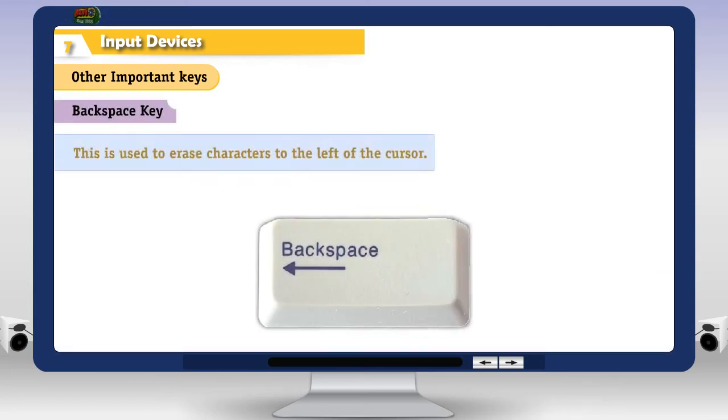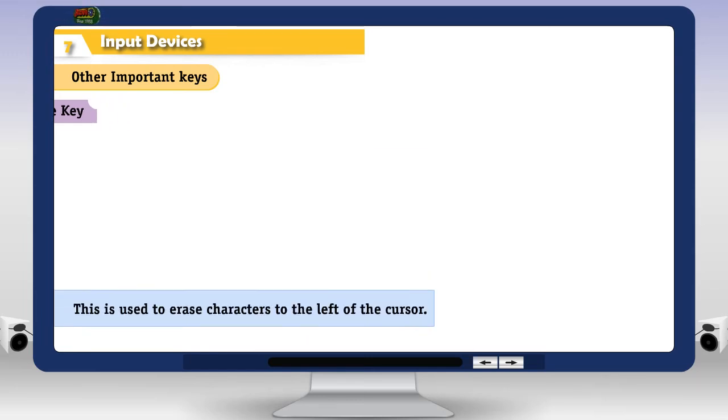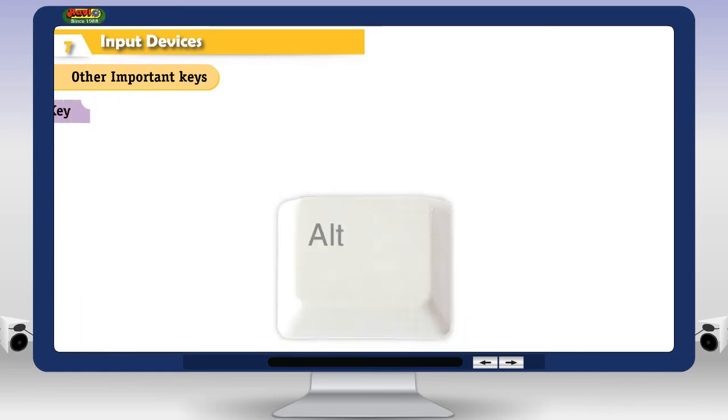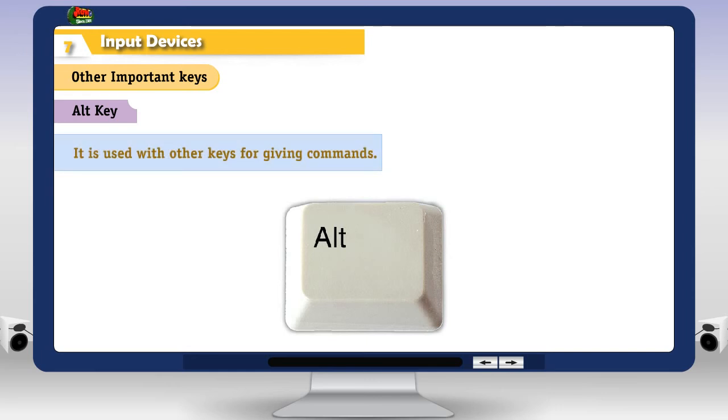Backspace key. This is used to erase characters to the left of the cursor. Tab key. This key inserts a tab or space in a document. Alt key. It is used with other keys for giving commands.